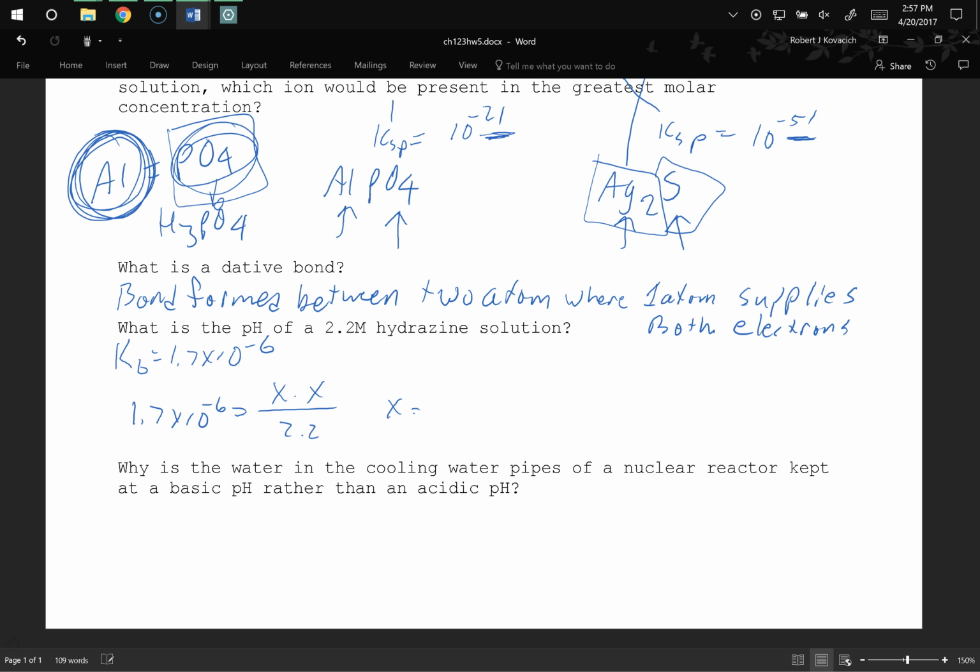And then I can say the x is equal to the square root of 2.2 times 1.7 times 10 to the negative 6th. Okay. 2.2. Yeah, it's this.